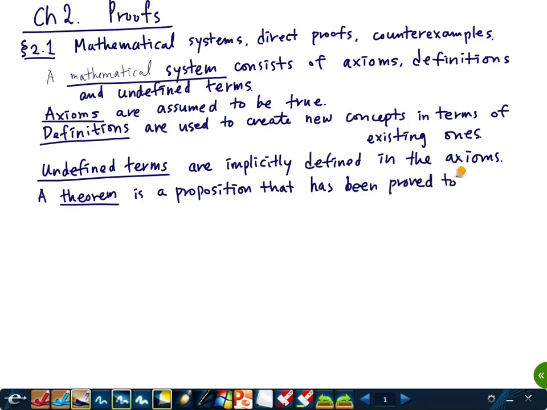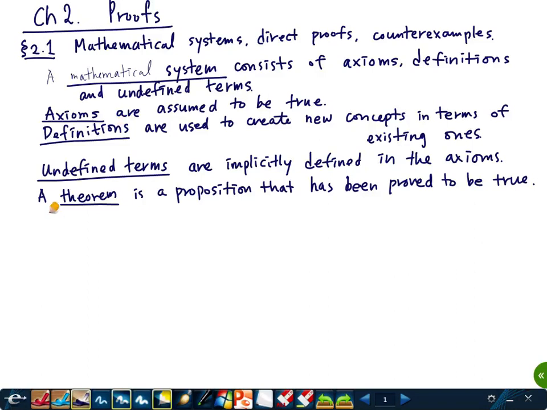Proved to be true. So axioms are statements that are assumed to be true. So we don't prove axioms, they are just assumed. But theorems, they can be proved. After proving the truth of a statement or proposition, we can say that it's a theorem.